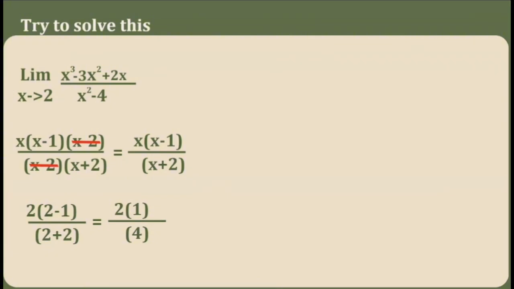So it becomes 2 times 1 over 4. And since 2 times 1 is 2, it will remain the value of 2, and we just copy 4. So 2 over 4. And now since they are both divisible by 2, we just divide them by 2, and now the final answer will be 1 over 2.